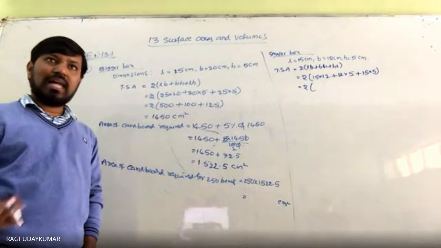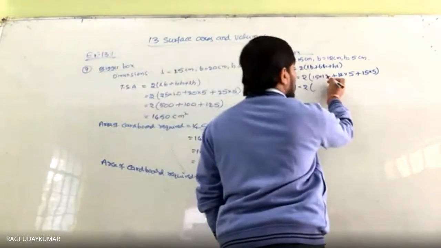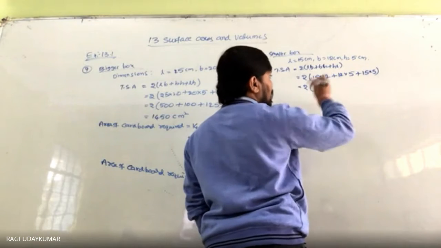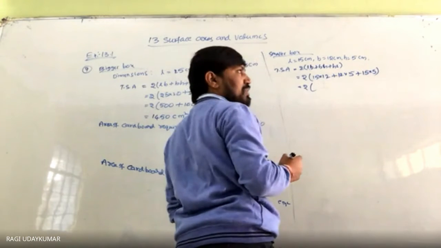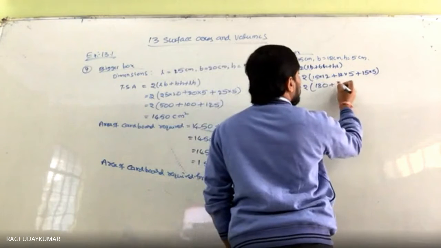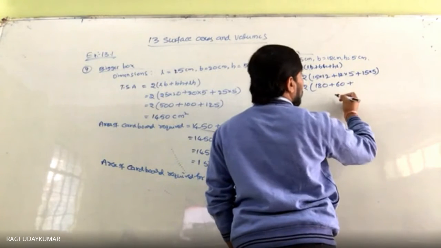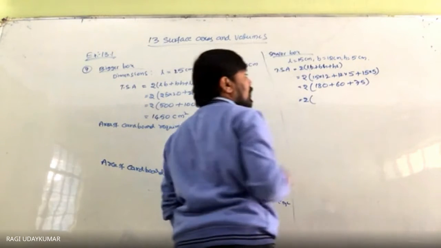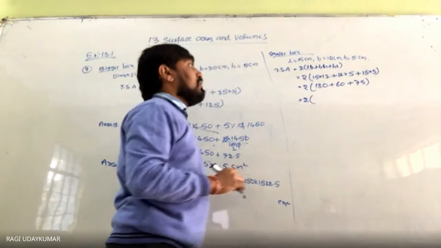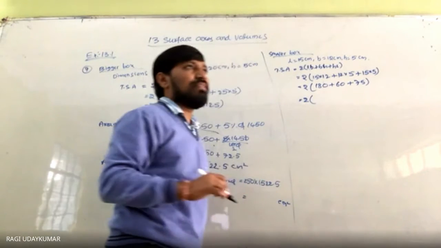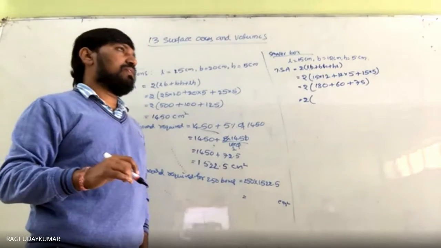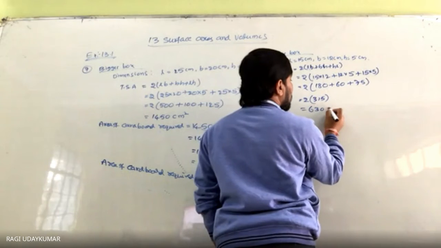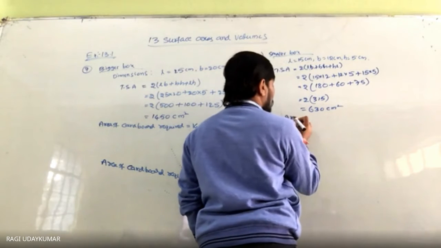The concept I am explaining completely. 15 into 12, what do you get here? 50 2s are 150 plus 30 is 180, plus 75. So 2 into 240 is 480, plus 150, which is 630 centimeters square.